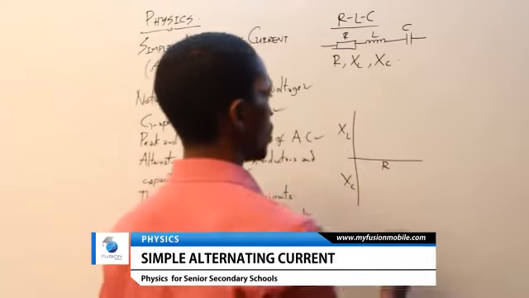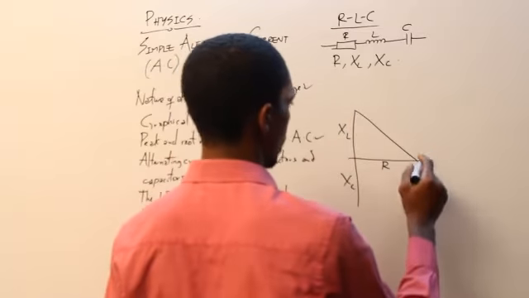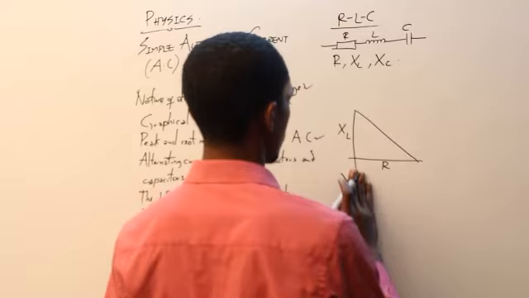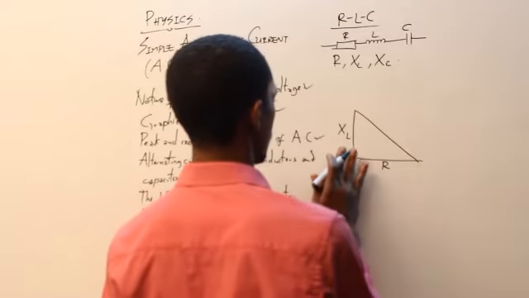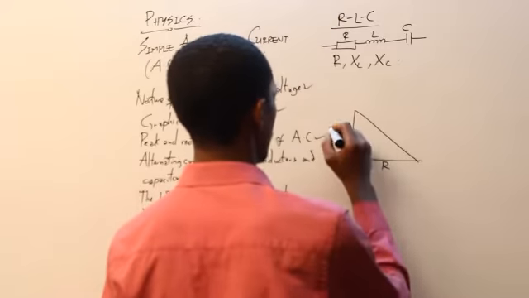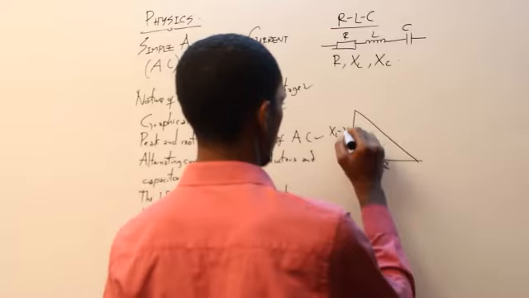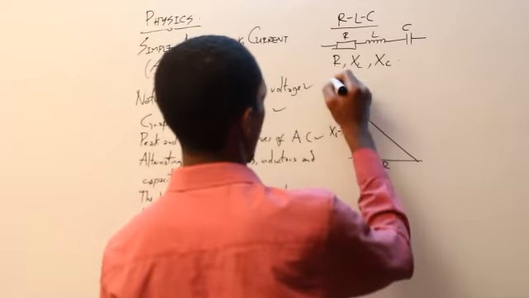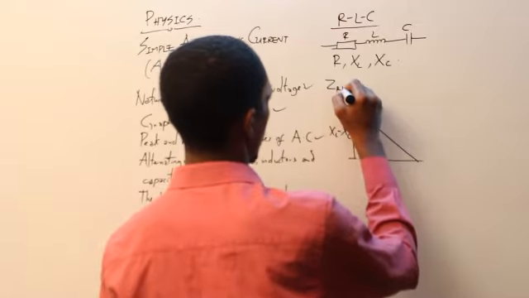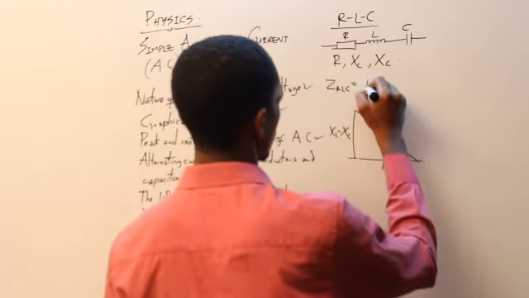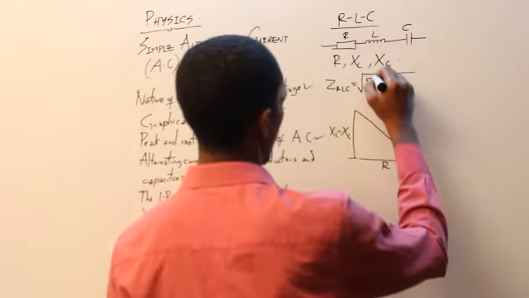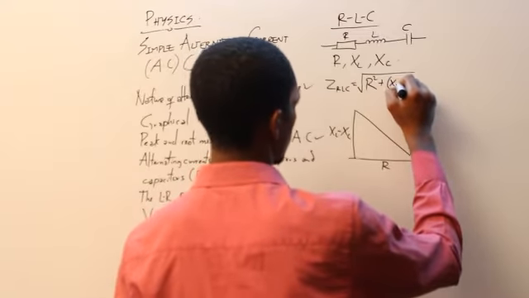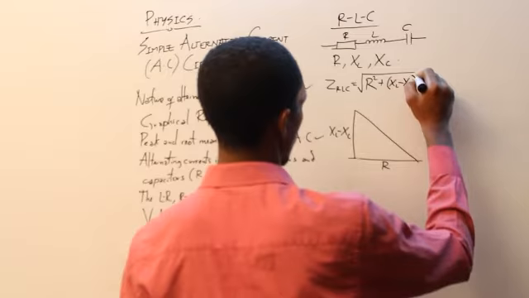So for us to get something like this, we have to find the difference between these two. If we find the difference between these two, our diagram will now be XL minus XC. Of course, we can use that in the equation. So that gives our impedance ZRLC to be equal to the square root of R squared plus, in bracket, XL minus XC all squared.